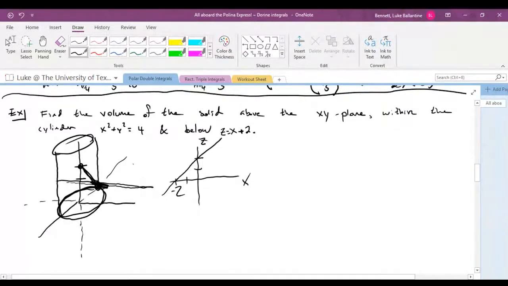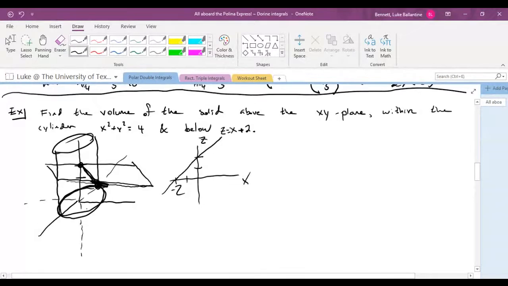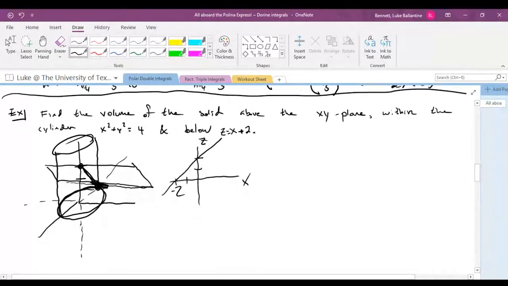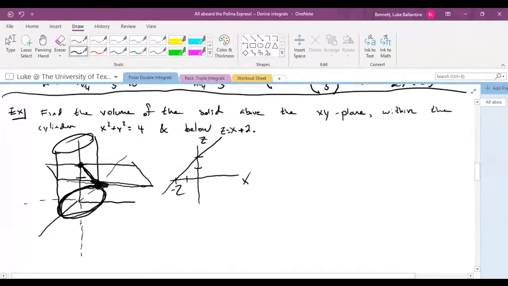So we have above the xy plane, and then this region in R2 integrating through that, and then below z equals x plus 2. You can draw the curve of intersection of this cylinder and the plane as a rotated ellipse.